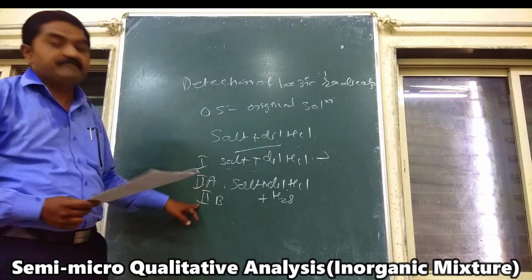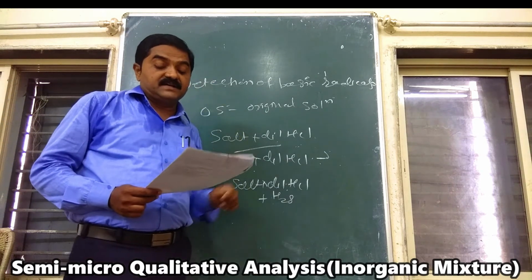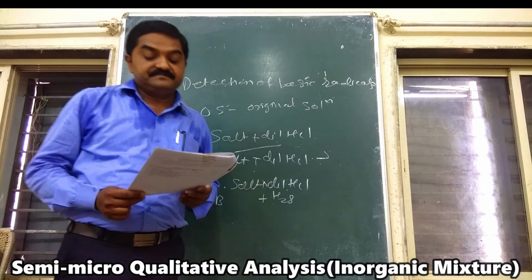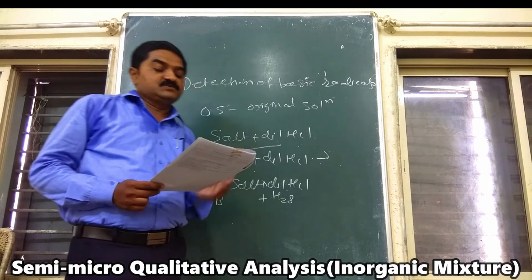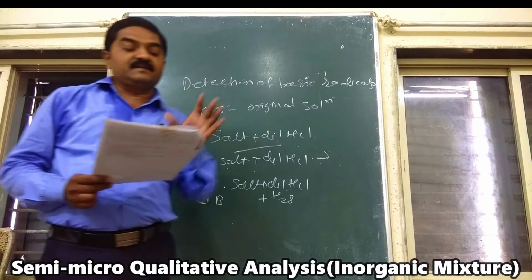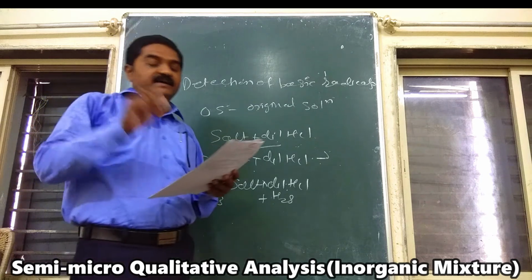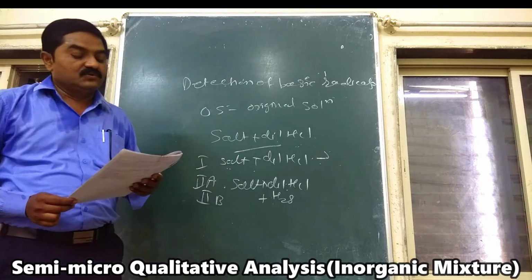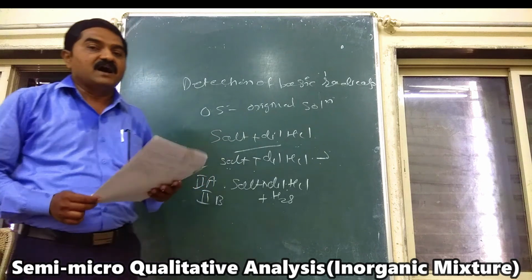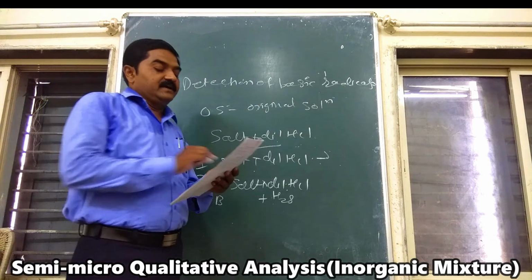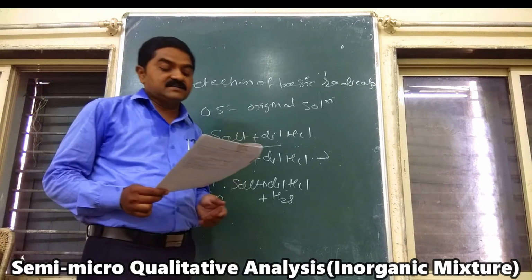For second B, if the color of the PPT changes, the second B group elements are present: arsenic, stannous and antimony. So from the color of the PPT we can determine the second A and second B group radicals. In the exam the question can be asked: explain the separation of second A and second B group elements, how you will separate these two types of elements.